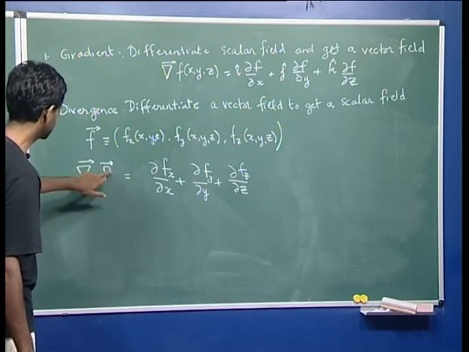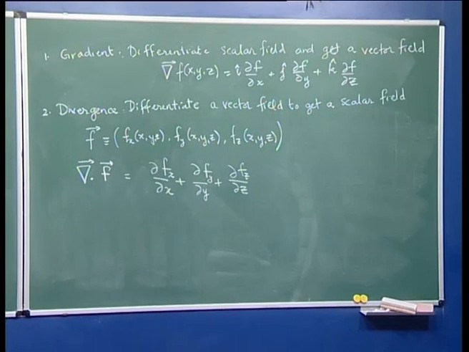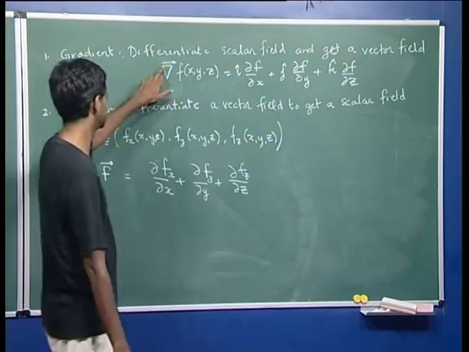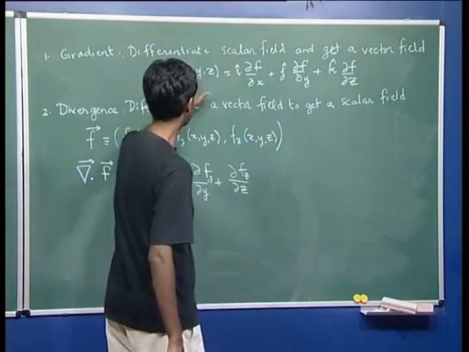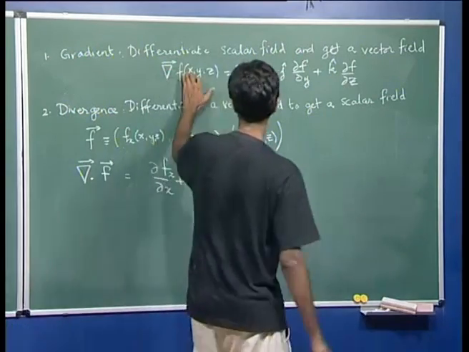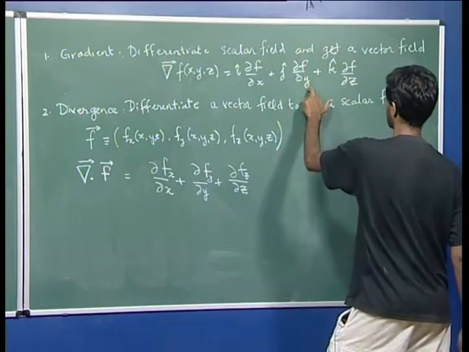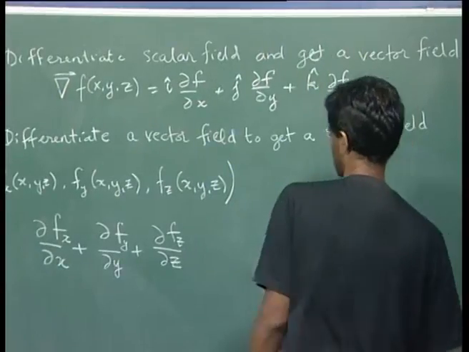Okay. Now you might ask, why is this notation used here? In order to see that, we go back to the gradient. Now when you took the gradient of a function, when you took grad of f, you got i dou by dou x of f plus j dou by dou y of f plus k dou by dou z of f.